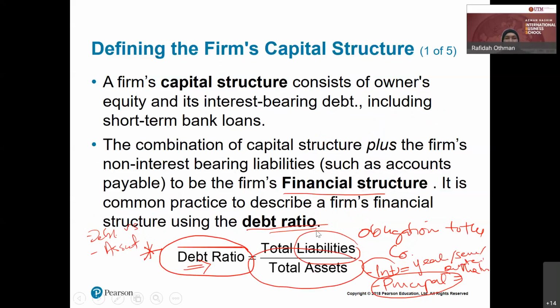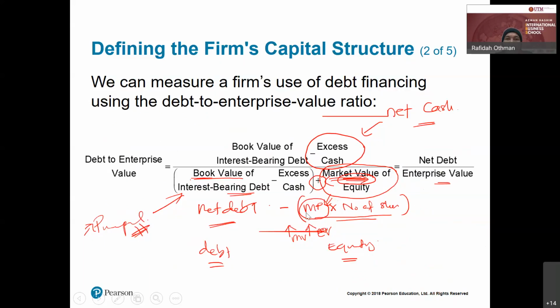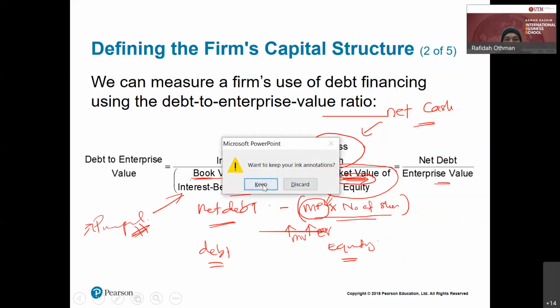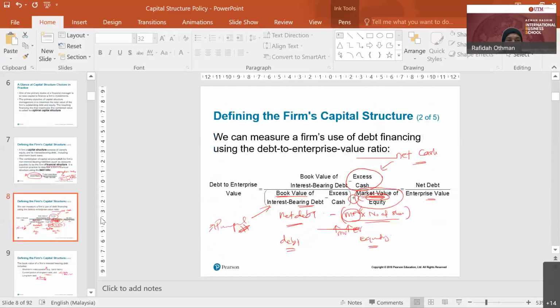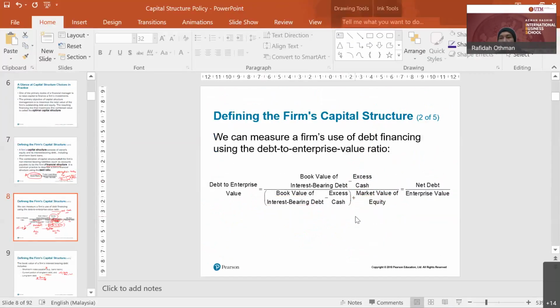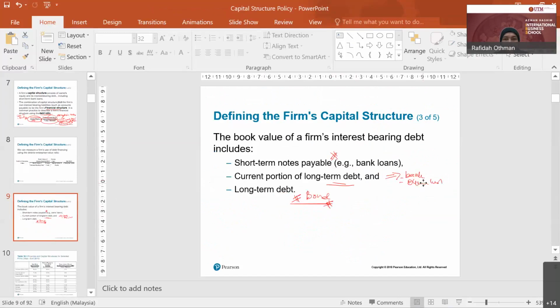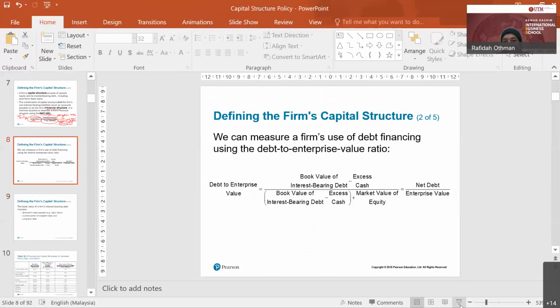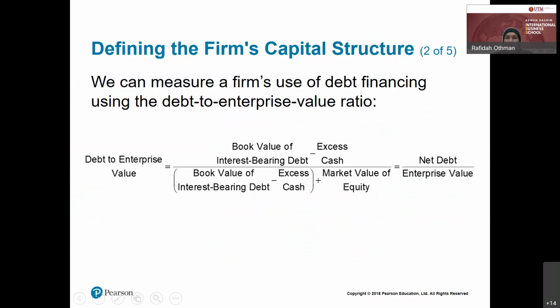We know that here this is our net debt. The debt to enterprise value is looking at our net debt and enterprise value.